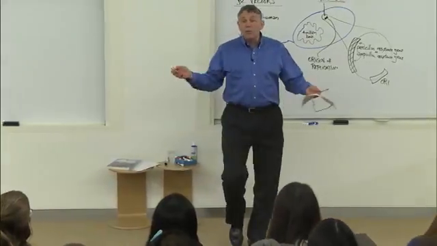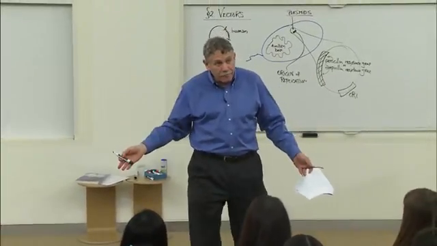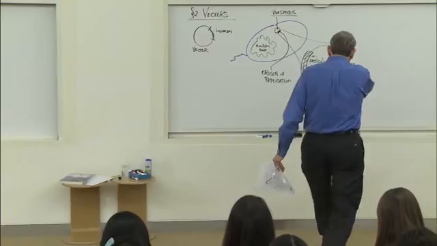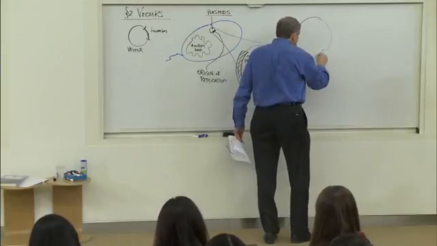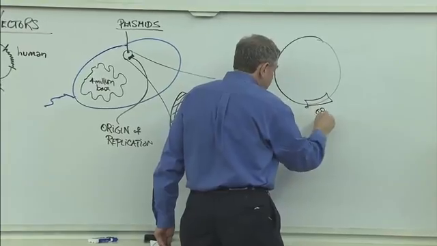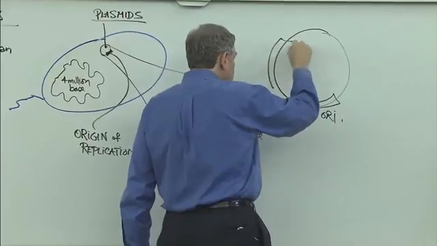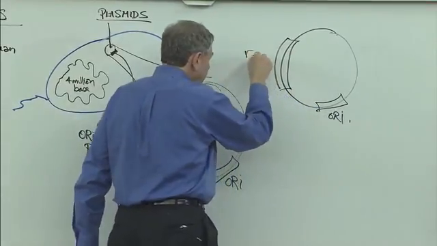They have these. So what are we going to use as our vector? A naturally occurring plasmid. So let's take this naturally occurring plasmid. It has an origin of replication. It has some kind of a resistance gene on it.